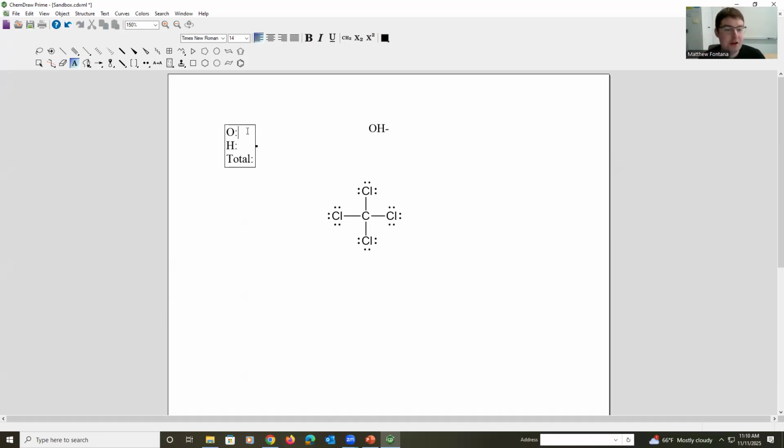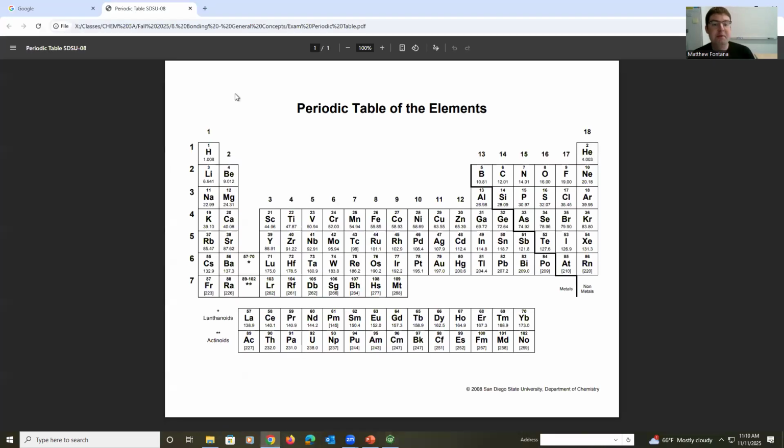And so we have one oxygen atom, and if we look up what column oxygen is in the periodic table, we see oxygen is in column 1, 2, 3, 4, 5, and 6. So oxygen is going to be in the sixth column of the periodic table. And then hydrogen is in the first column of the periodic table.